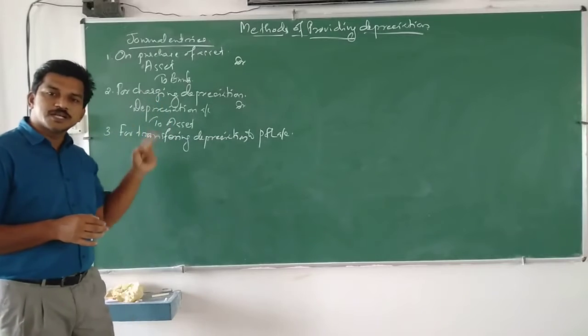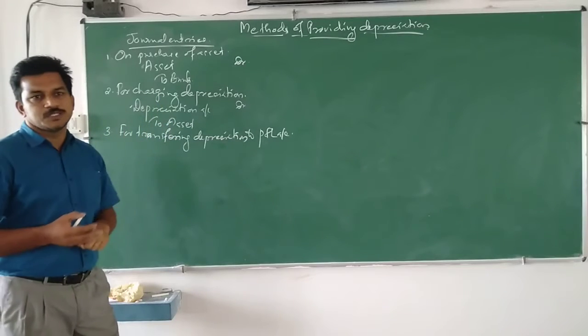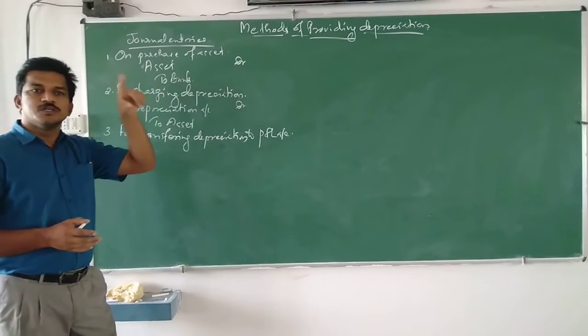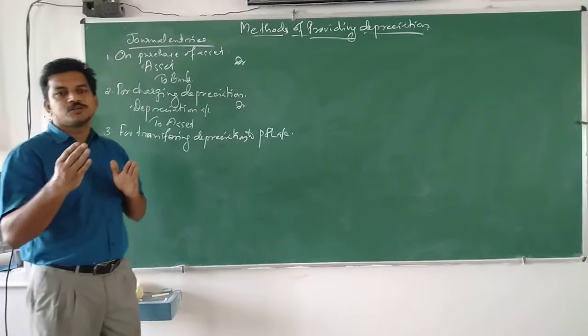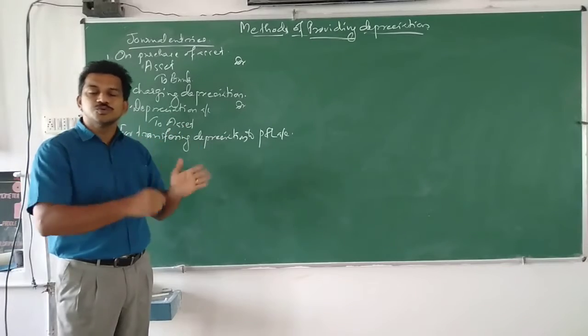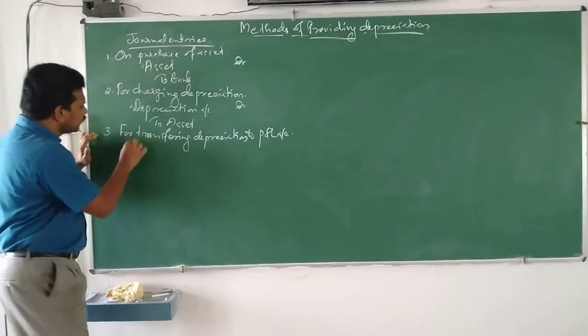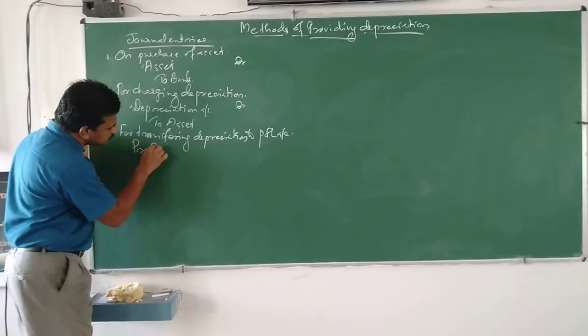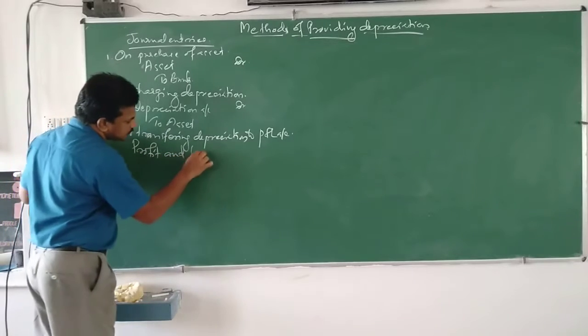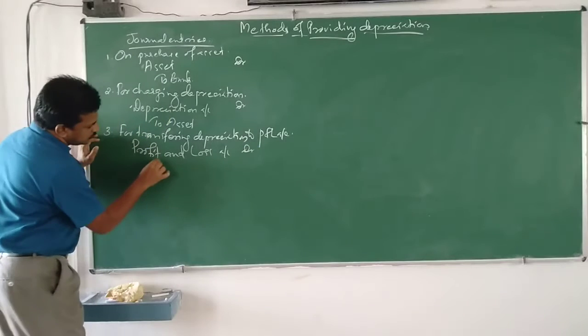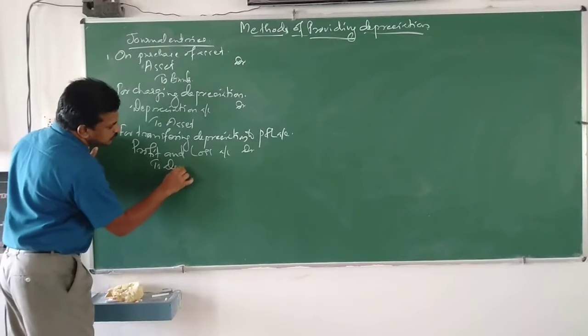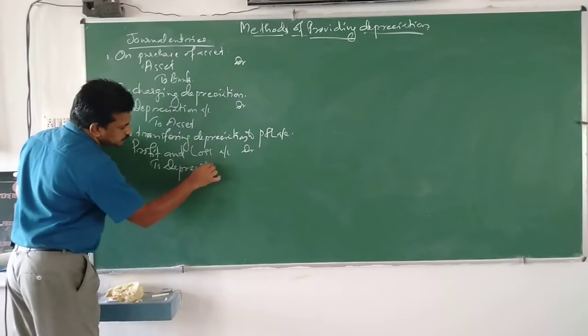So depreciation is an expense, this will be debited. So in the profit and loss account it should be debited. So what can be the journal entry? Profit and loss account debtor to depreciation.